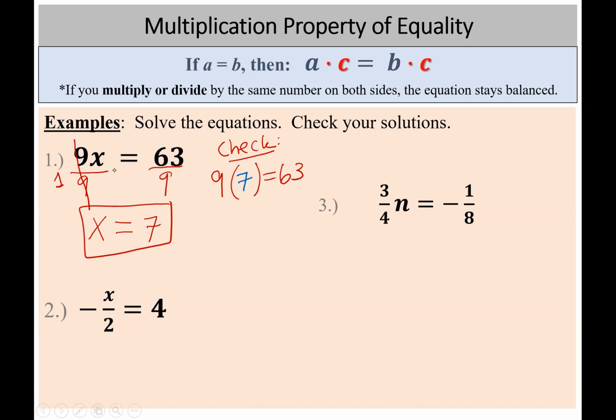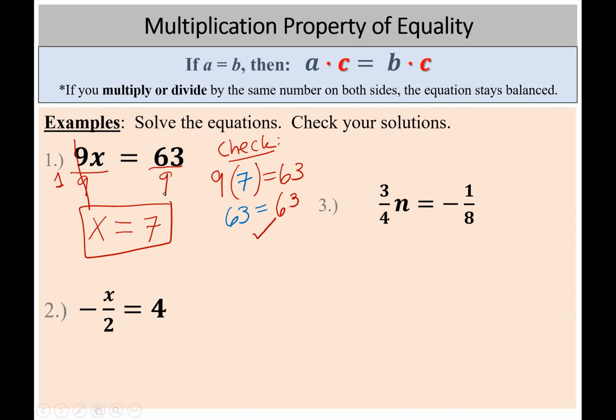So instead of 9x equals 63, I'm writing 9 times 7 equals 63, which is true, right? 9 times 7, so I'll write 63 right underneath, equals 63. So it checks, it works. When we replace x with 7, we get a true equation. That's it. All right, so that one, we divided on both sides of the equal sign.